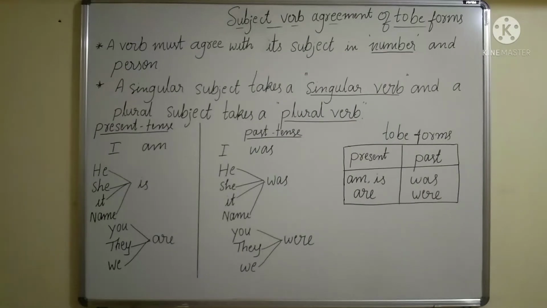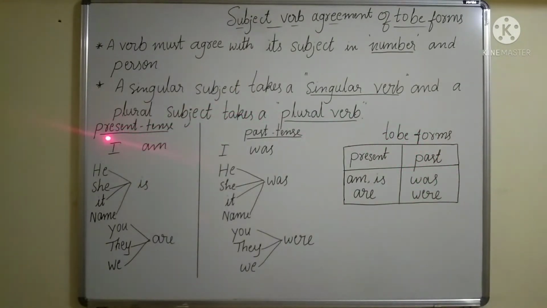Before that, let's know what the to be forms are. See here, I have written present to be forms and past to be forms. What are present to be forms? Am, is and are. Was and were are past to be forms.